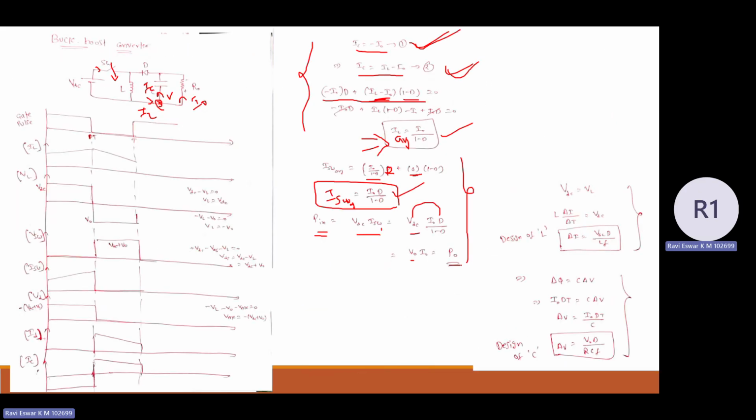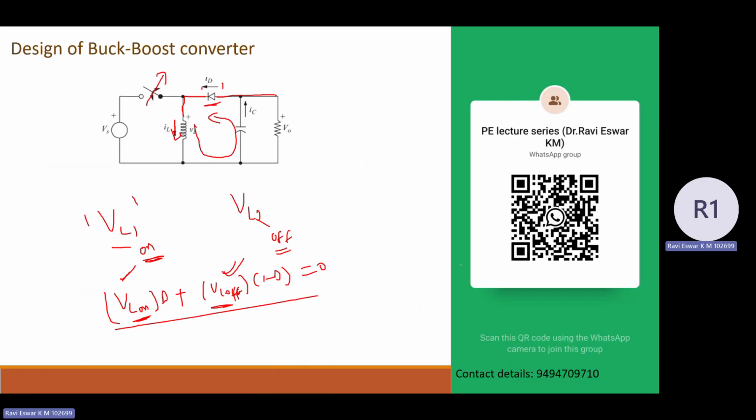Anyways, I want to explain the practical application of this buck boost converter. Where is this buck boost converter going to be helpful to you? Let me take one example. You have a 48 volt source. Now suppose the load is going to vary.